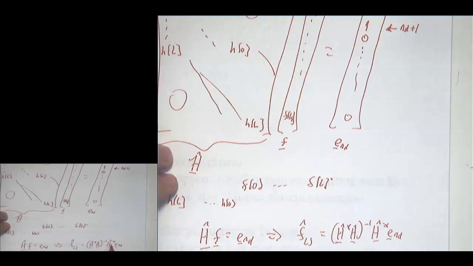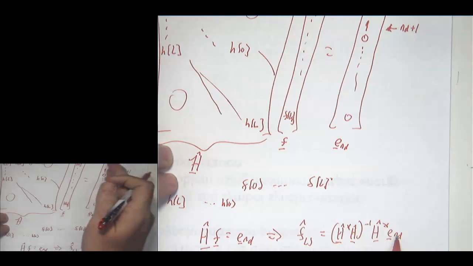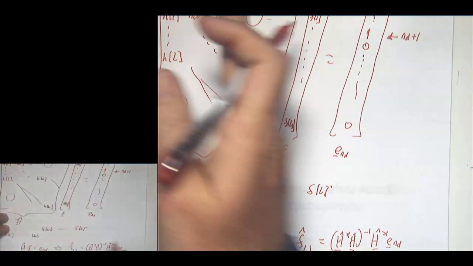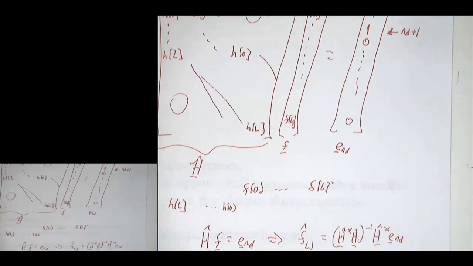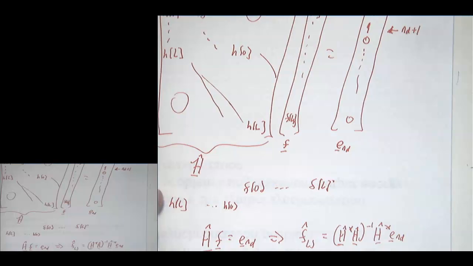When you multiply through this h by this e of nd, you're going to pick up one column of this h star here. So essentially, we're going to pick up one of these columns, and that becomes our vector. And then we're going to multiply that through by this inverse here. So I mean, that's essentially it.